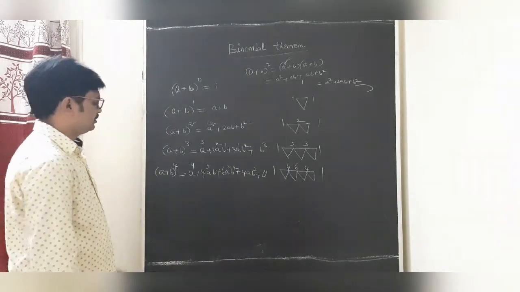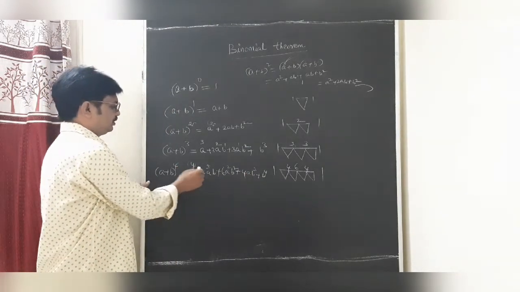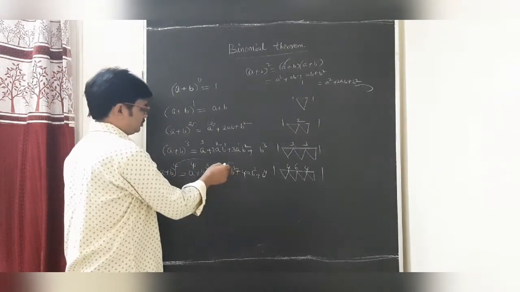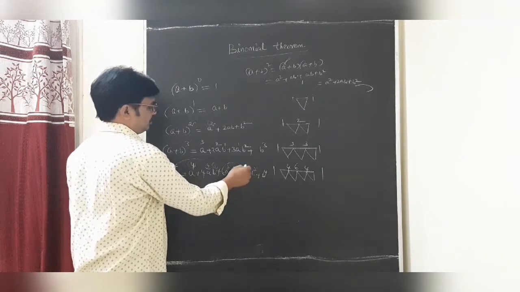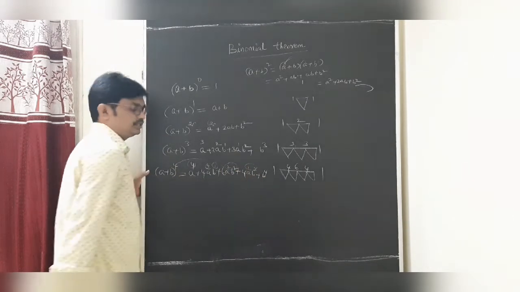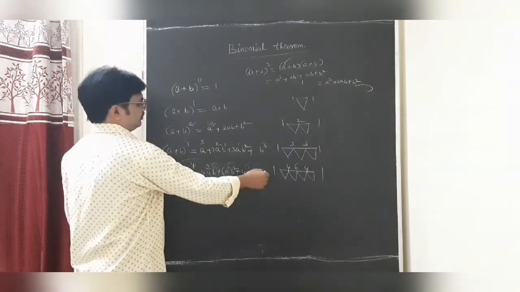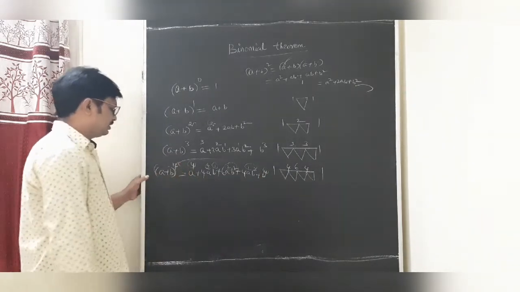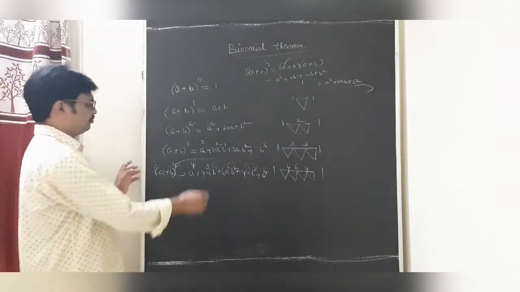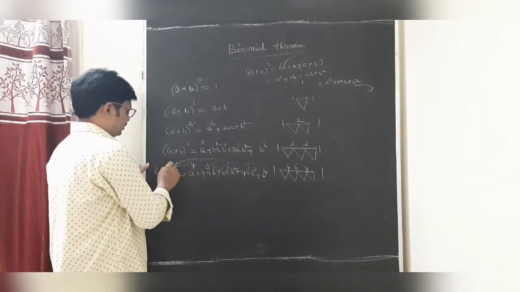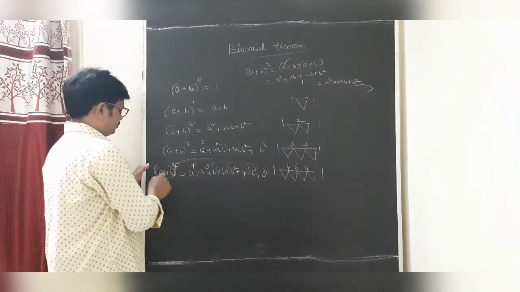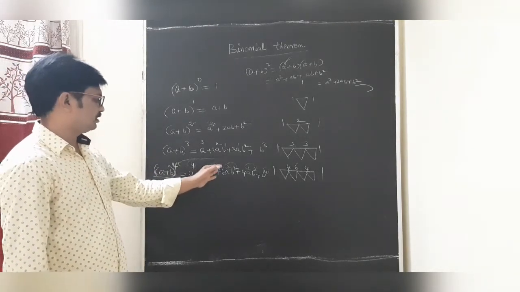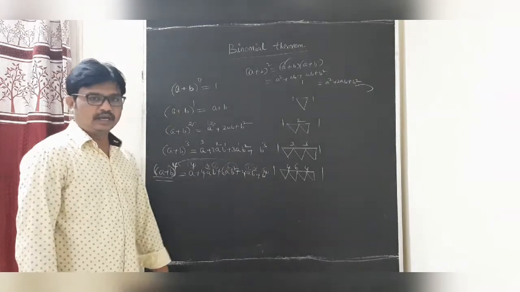And one more observation: this is 4, 1 plus 3 is 4, 2 plus 2 is also 4, 3 plus 1 is 4. The sum of the indices must be equal to the index of the binomial. Each and every sum of the powers is equal to the binomial power. Is it clear, students? That is one more observation. The first term is a power 4, then 3 plus 1, 2 plus 2, 1 plus 3, and 4.